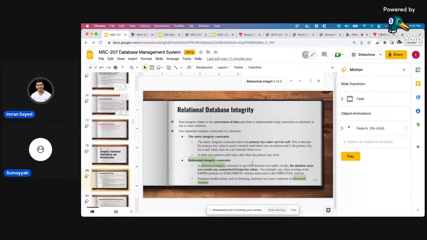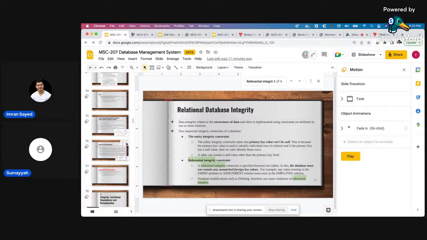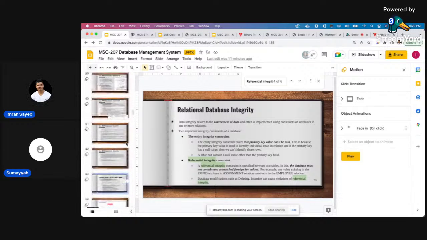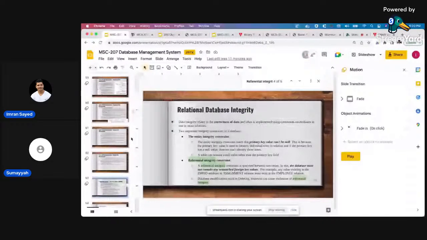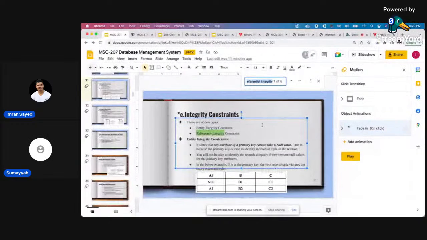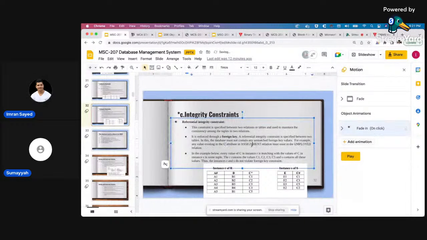I think the table is not there. We just have to use the same table. R must exist in S.